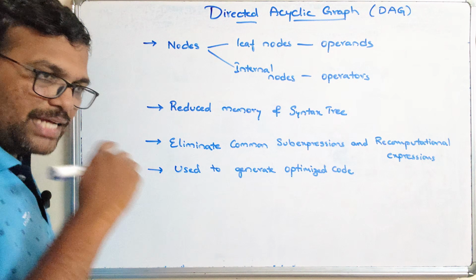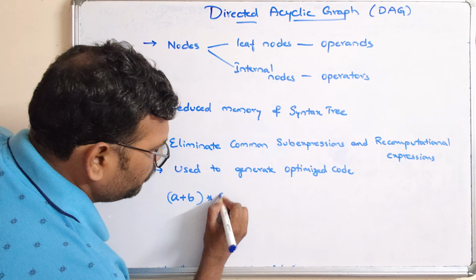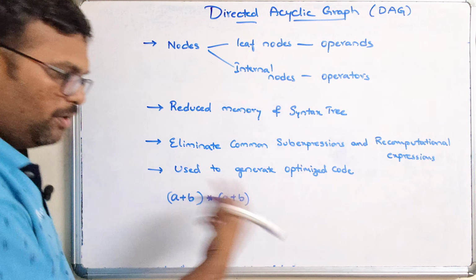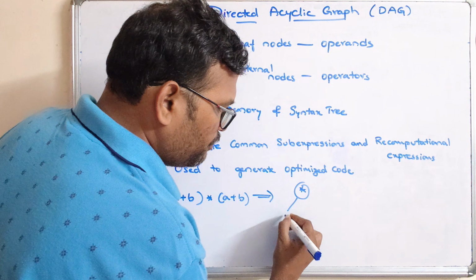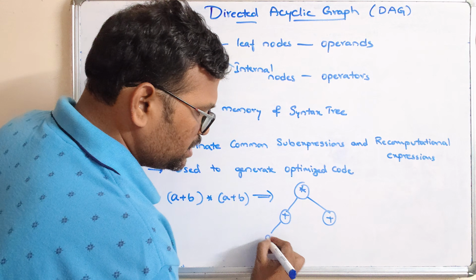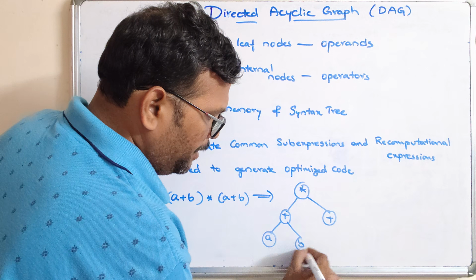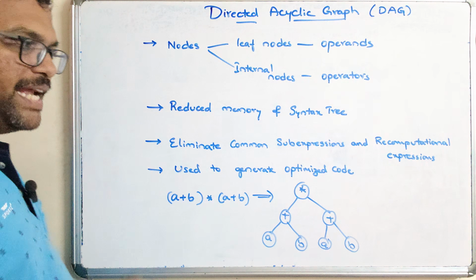For example, in the last class we saw an example like (a plus b) into (a plus b). We drew the syntax tree: star at the root, a plus on the left-hand side and again a plus on the right, each with a and b. This is a syntax tree.